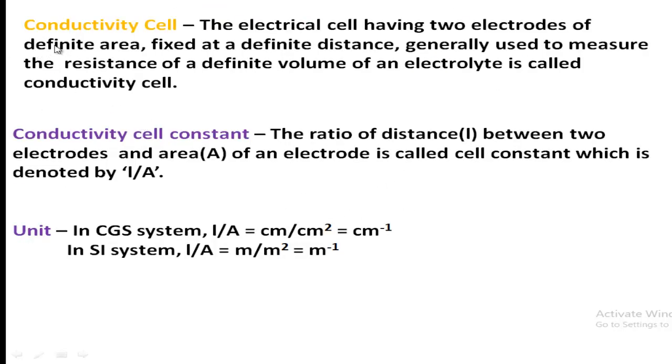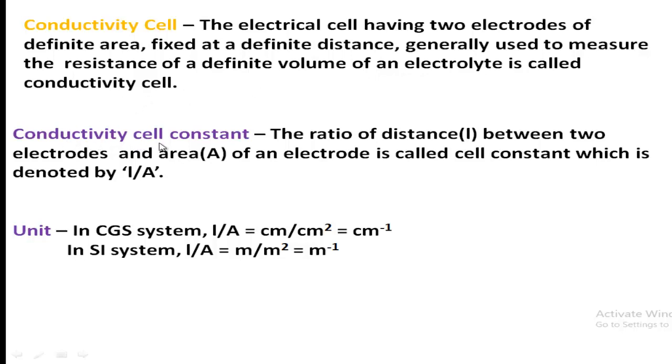Now we have to know another two terms, that is conductivity cell, which I have shown in the figure. The electrical cell having two electrodes of definite area fixed at a definite distance, generally used to measure the resistance of a definite volume of an electrolyte, is called a conductivity cell.